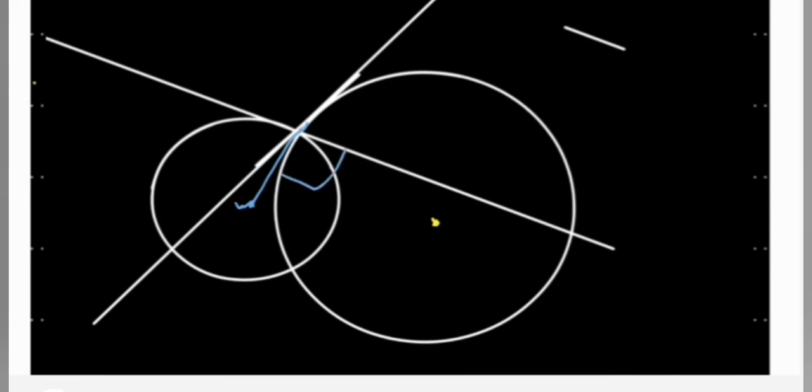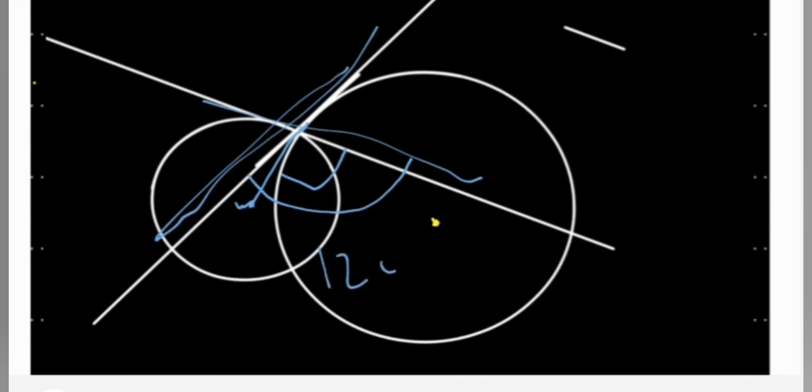This angle over here is 90 degrees. Now the whole angle, from this line to this line, is 120 degrees, but this part is 90 and this part is 30.